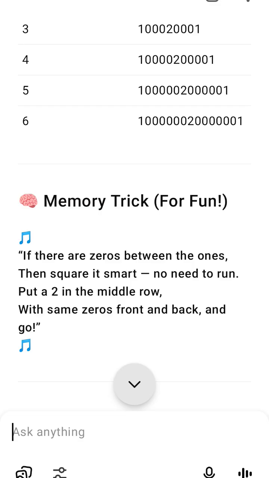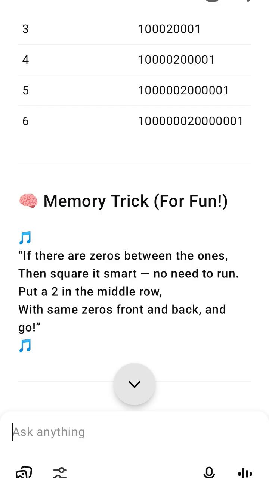So the square is 1, 0000, 2, 0000, 1. Answer. What is 1000001 squared? 1000001 equals 1, 5 zeros, 1. So the square is 1, 00000, 2, 00000, 1. Answer. 100201. What is 10000001 squared?